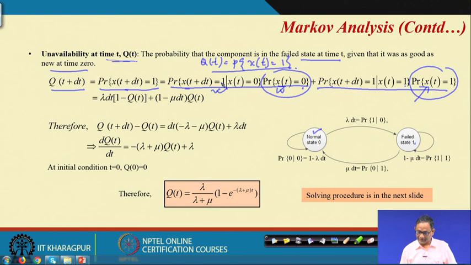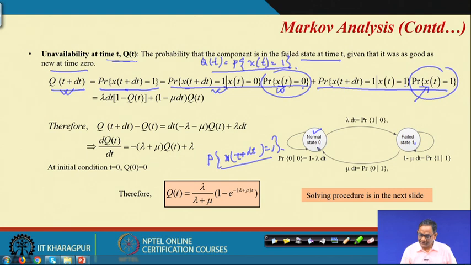Let me repeat. What is q of t plus delta t? It is the probability that x t plus delta t equals 1. What are the different ways it can take place?